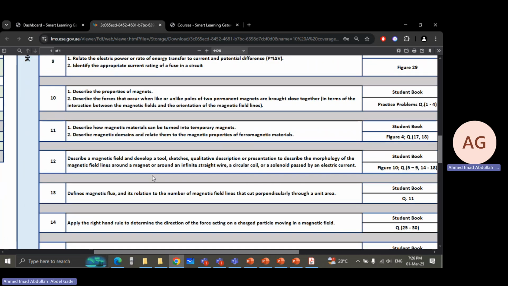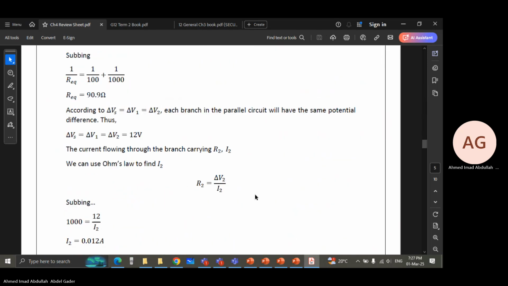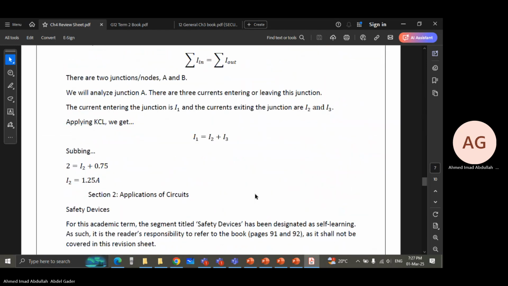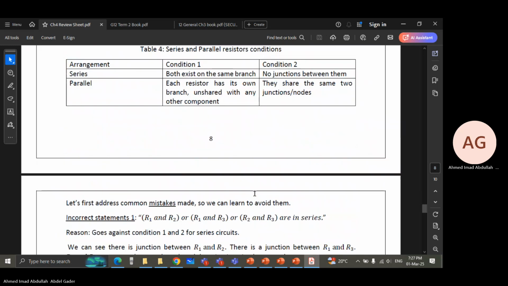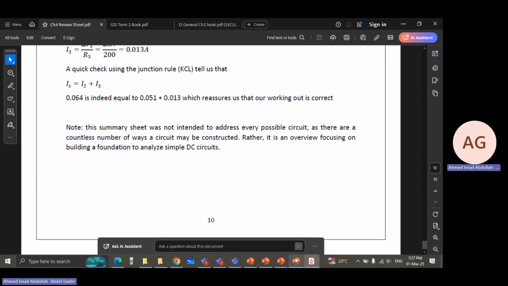Question number 9. Relate the electric power, or rate of energy transfer, to current and potential difference, P equals I delta V. Identify the appropriate current rating of a fuse in a circuit.